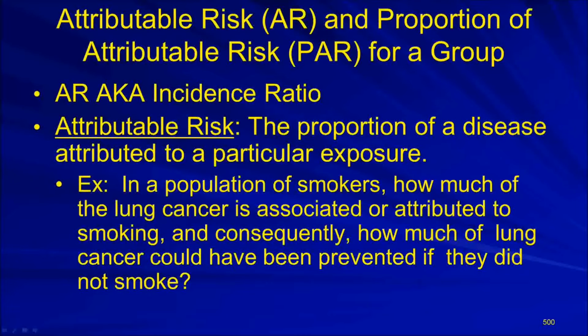And we know when we calculate a proportion, whatever is in the numerator is repeated in the denominator. Okay? But this statistic has to do with how many cases or what proportion of disease could be prevented if people did not engage in the behavior. So that's what we mean by preventive attributable risk, okay, or proportion of attributable risk.